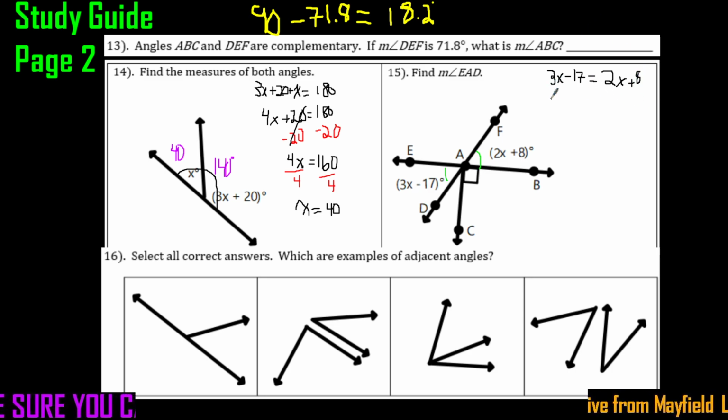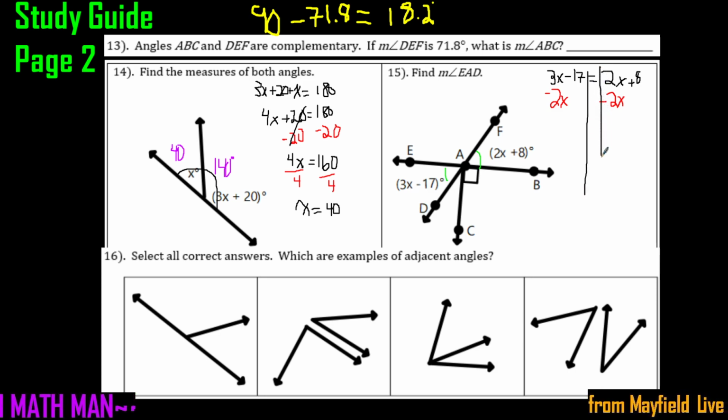Alright. So what I can do is I can use my inverse operations. I'm going to take the opposite of the smaller coefficient. So I have minus 2x from both sides. If you need to draw your lines for yourself, your railroad tracks, whatever you want to call them, you certainly can.